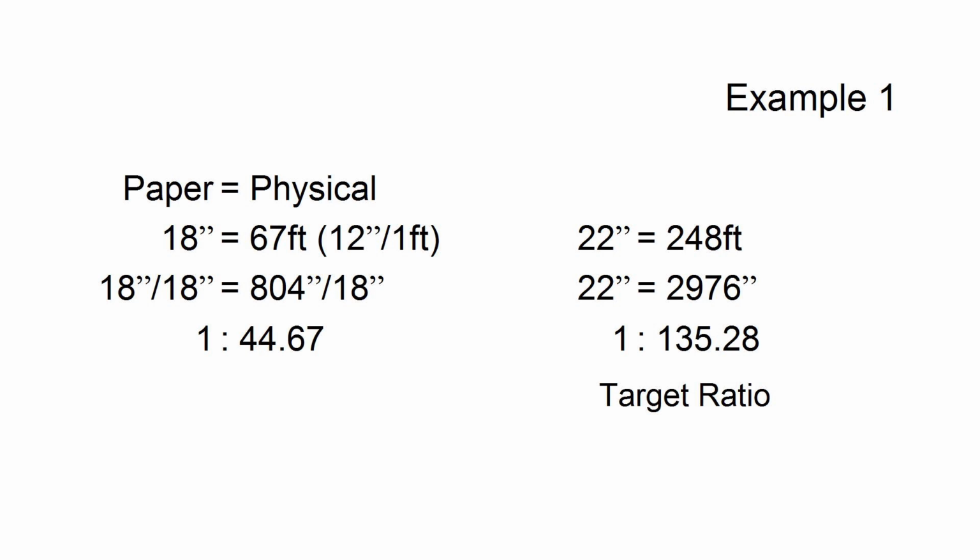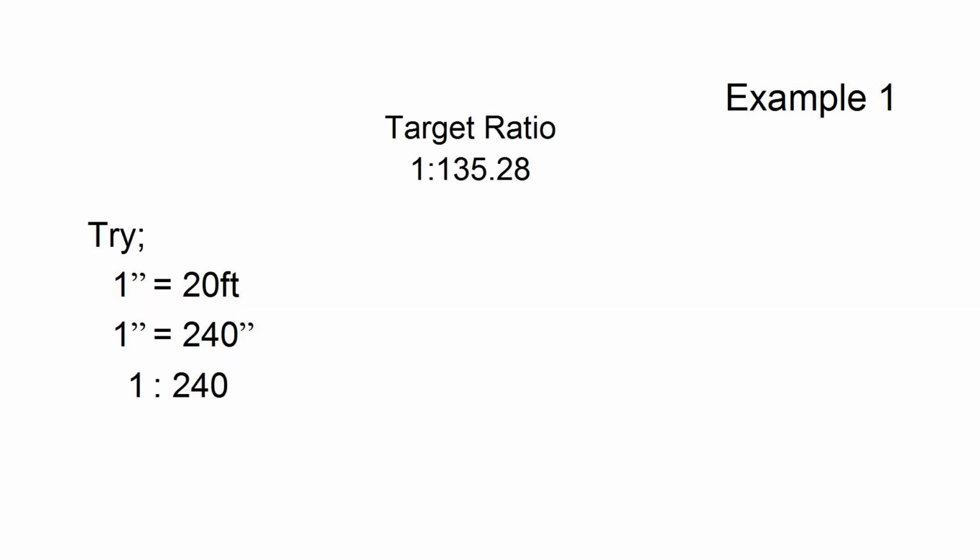Here, the next step is to try some possible engineer scales that one might think of. You might think of 1 inch equals 10 feet. You might think of 1 inch equals 100 feet. In this case, we're going to try with 1 inch equals 20 feet.